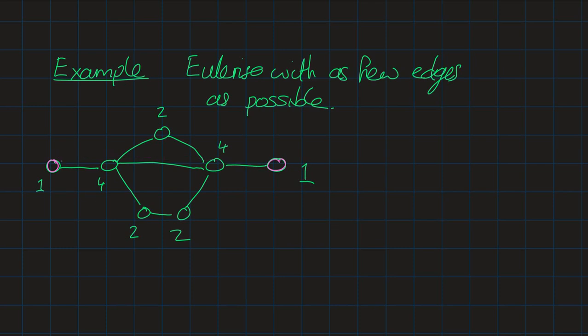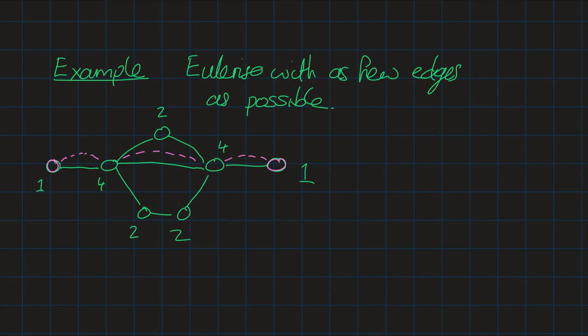So I'm going to duplicate all the edges along this path, like that. I draw them in dashed lines so you know what I've done, but it's acceptable for you to draw them in solid lines as well. I've duplicated this edge and this edge and this edge.